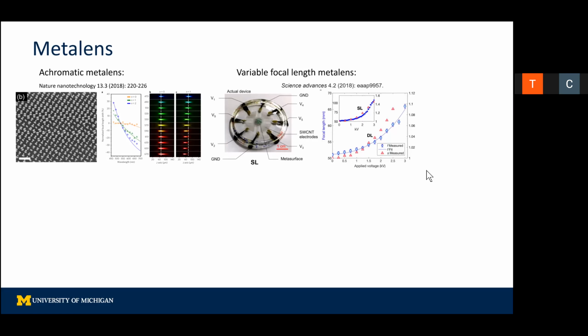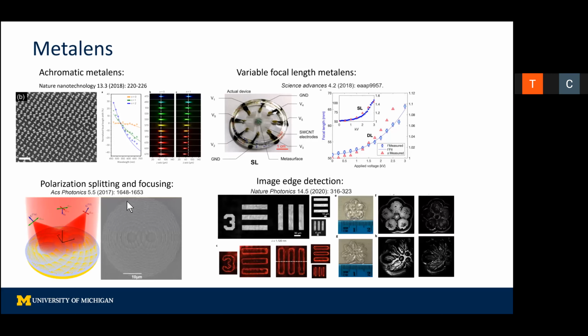Well, you might say that this can be realized using traditional optical components, right? But there are other things that cannot be realized. For example, you can do focusing in terms of polarization. If TE polarized light comes in, it can be focused to the left side, and if TM polarized light comes in, it can be focused to the right side, or the reverse.